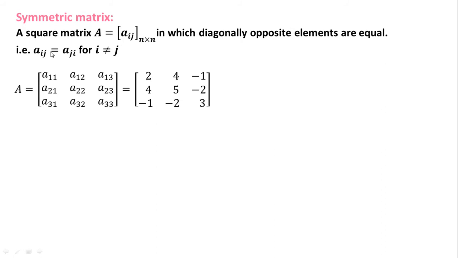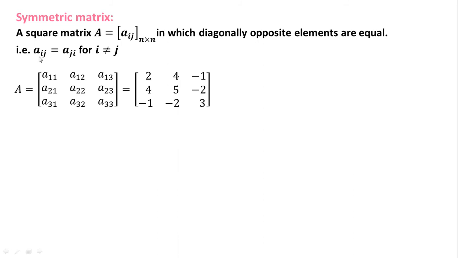So by symbol, how will you see this? This is 4, that means A12. A12 is the same as A21. So Aij is equal to Aji. Similarly, A13 is the same as A31, minus 1 and minus 1, and A23 is the same as A32, minus 2 is the same as minus 2.